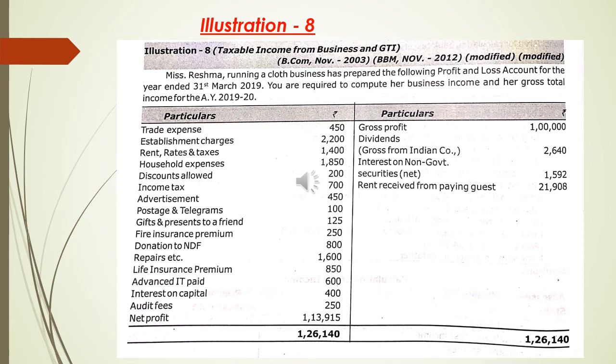So we should remember, while reading this question, identify each point, whether it comes under any of the 5 heads of incomes, whether it comes under any of the deductions from 80C to 80U. While reading the question itself, you make a point of it and it will help you while solving it. So I am not going to read the whole question in detail. Let us go to solve this.